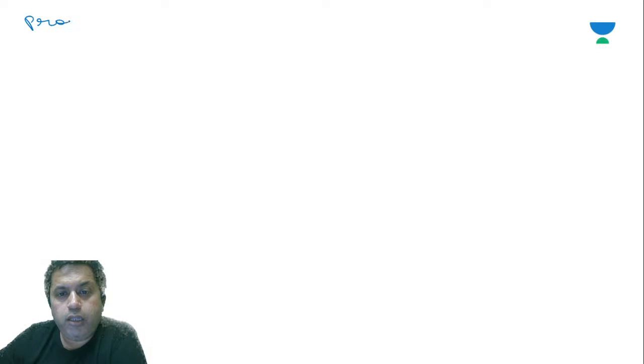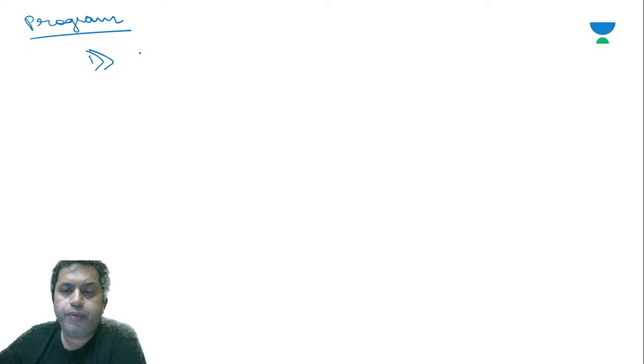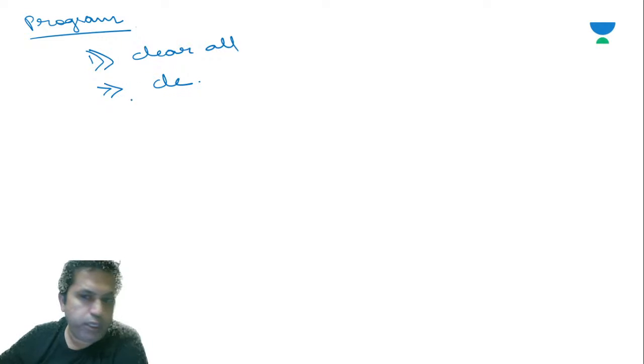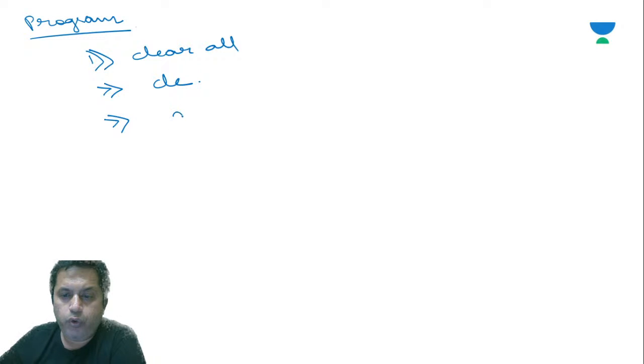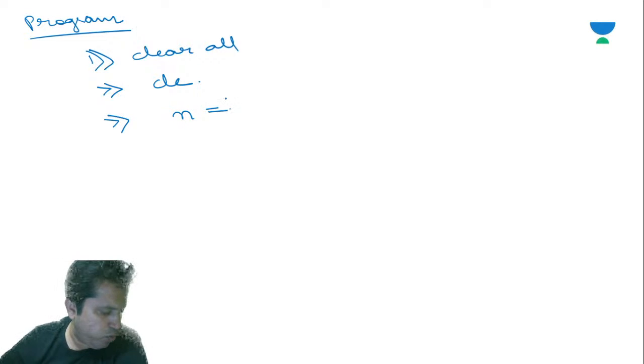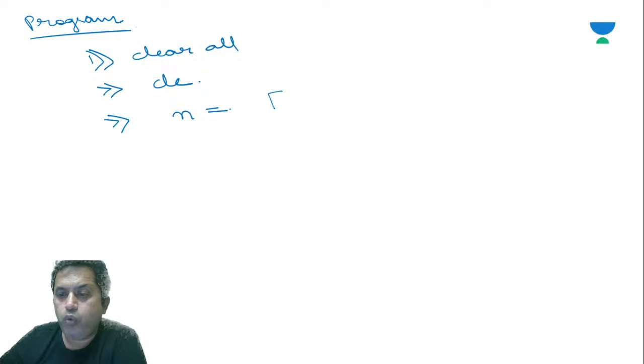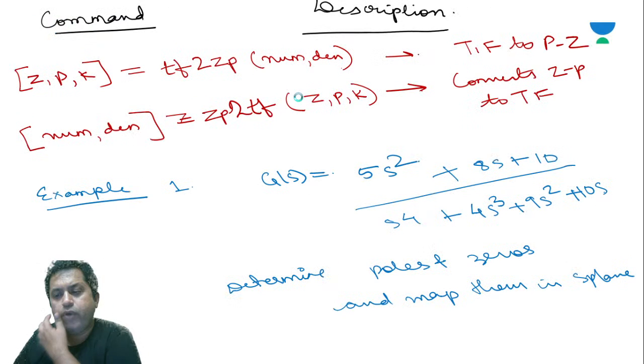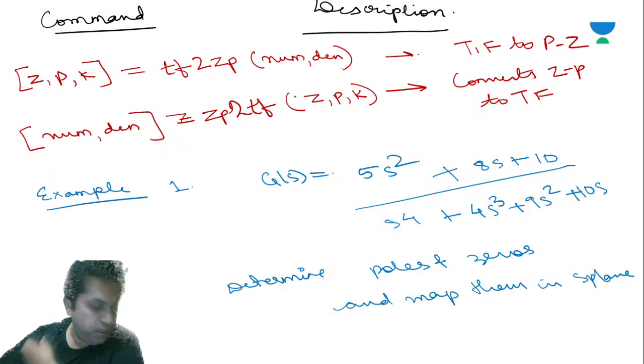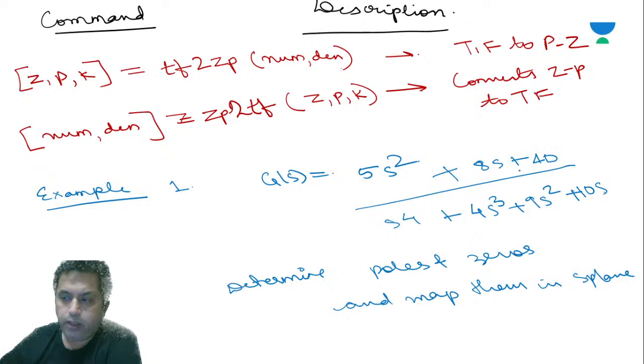So how to write the program? Very simple. What is the first step? Clear all the workspace variables. Next step is clear command window, clc. Then we will write down the numerator polynomial: 5s square plus 8s plus, this is not 10, this is 40.